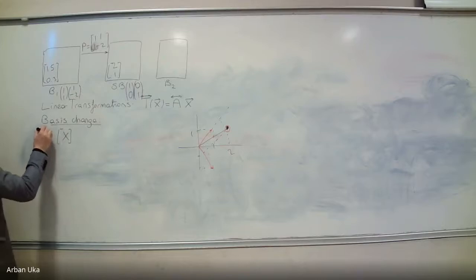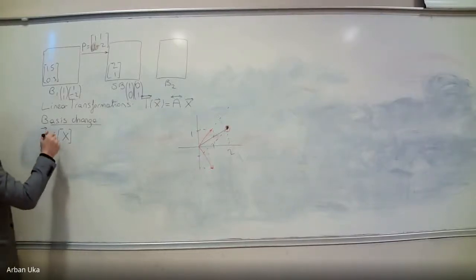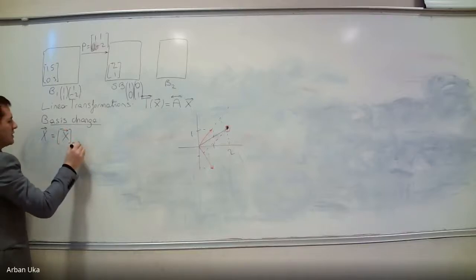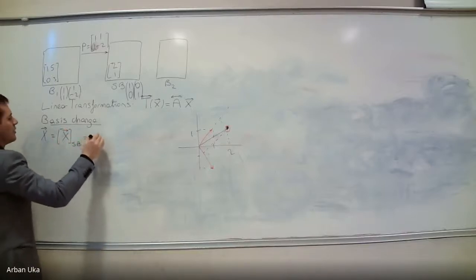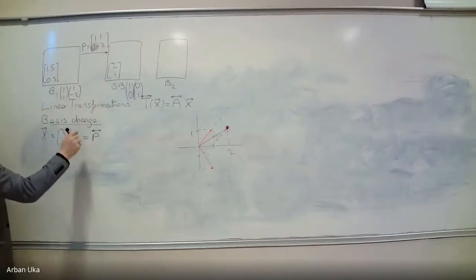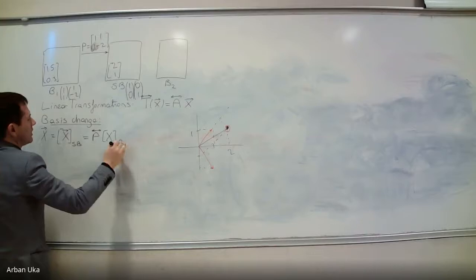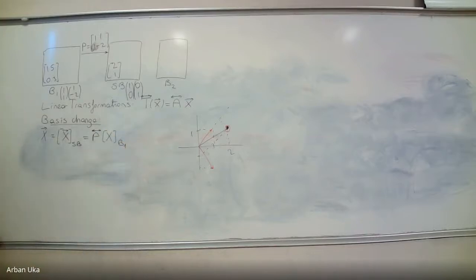Any X, if we do not denote any other notation, we understand that we are talking about the standard basis. So writing nothing is equivalent to writing SB, standard basis. This is equal to P, composed of the same vectors, times the vector X according to basis B1. This is what we mean by the basis change.